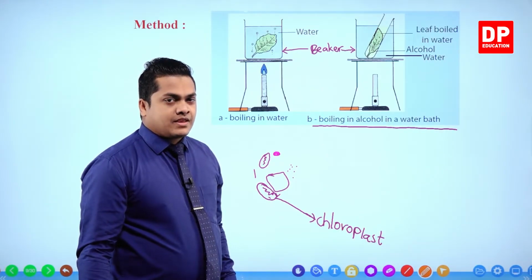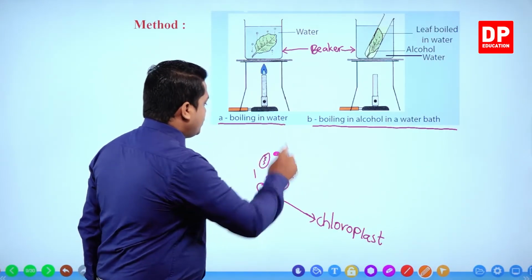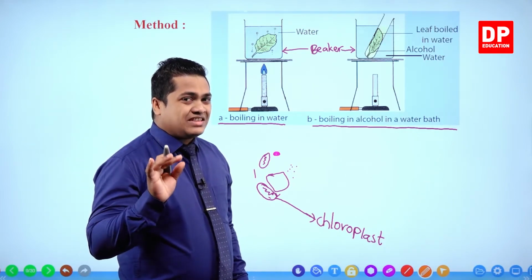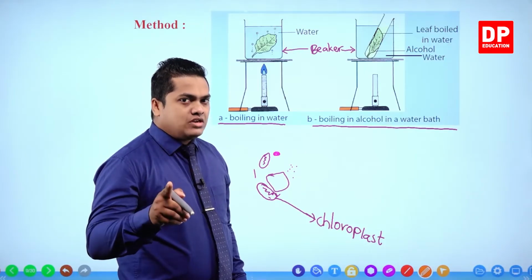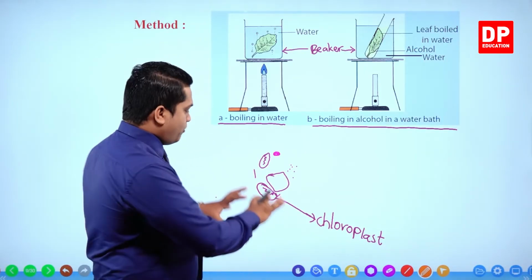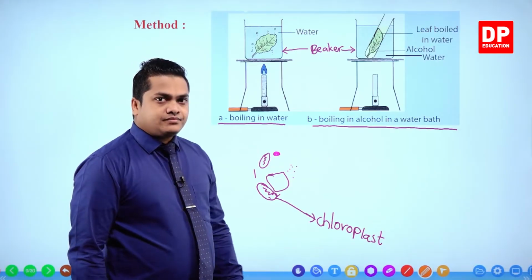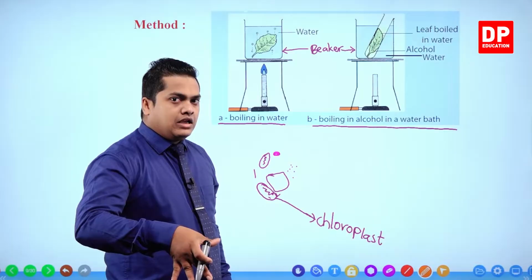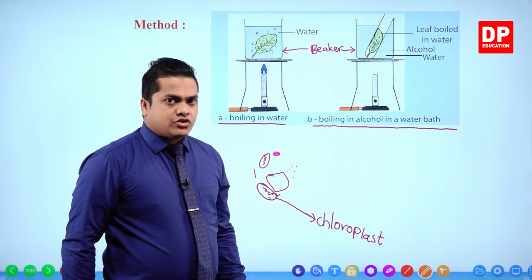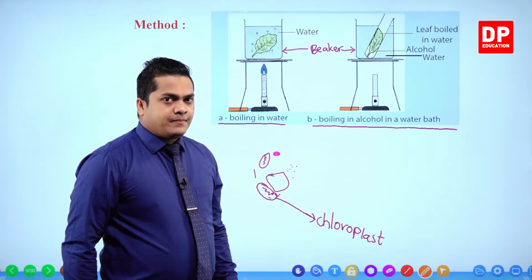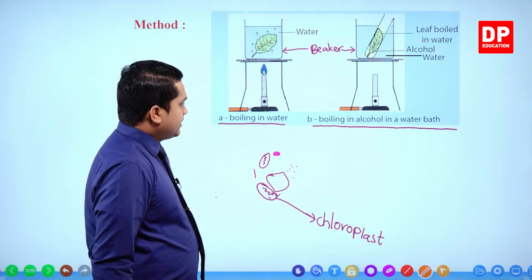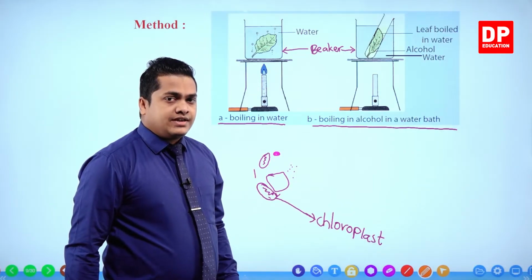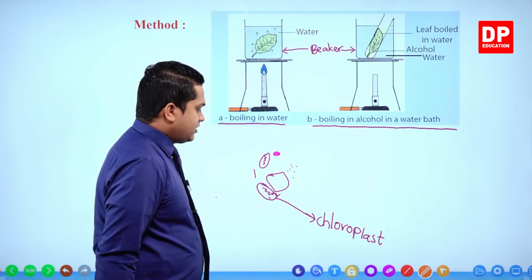Okay. In the first figure, we are going to break down the things referred to as cell walls and expose the chloroplast within the cell. Then in the second step, we are dissolving chlorophyll in order to get a good observation. Right? The other thing is that boiling in water and boiling in alcohol doesn't affect the starch contained within the chlorophyll.